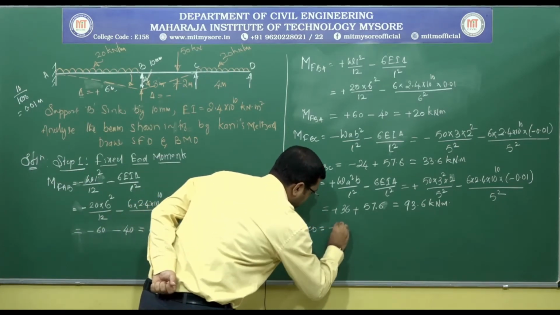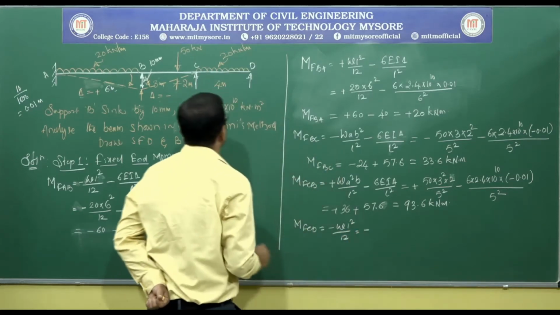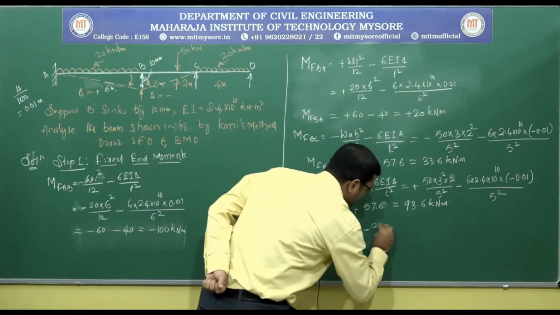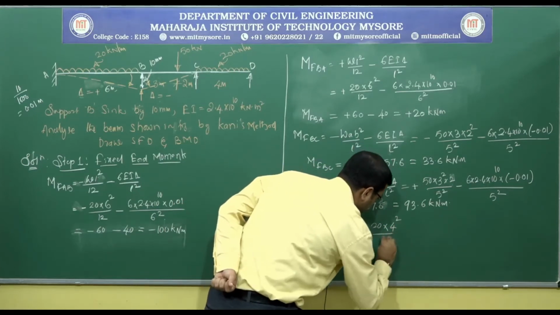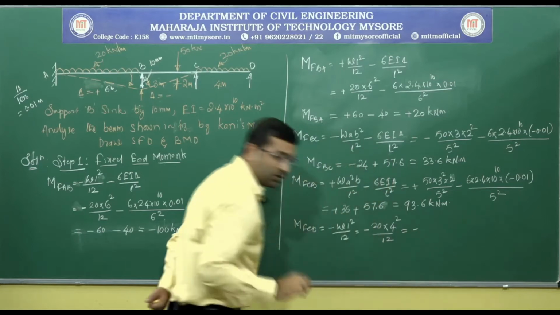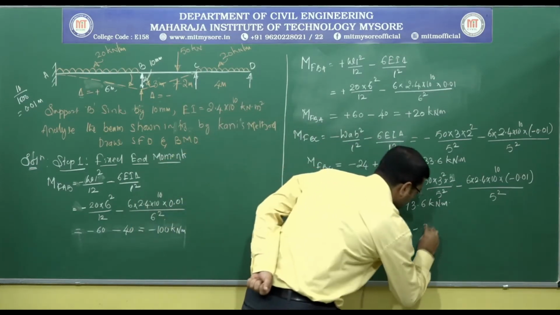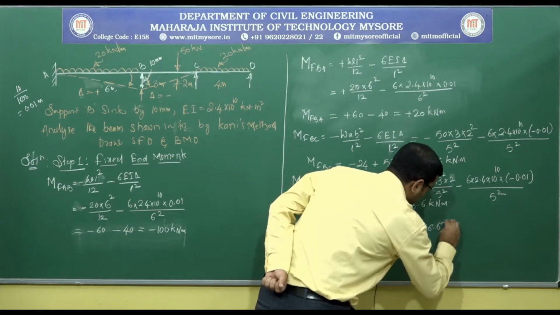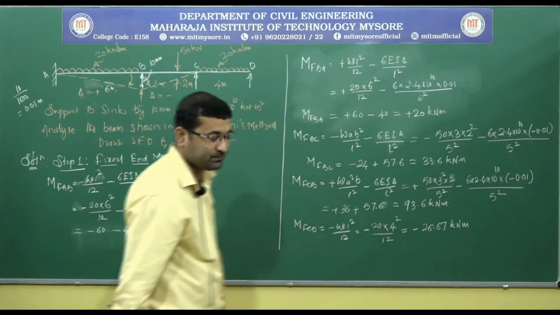MFCD is equal to minus WL square by 12. So minus of W is 20 into span is 4. So it is 4 square by 12, which yields a negative value of minus 26.67 kilonewton meter.